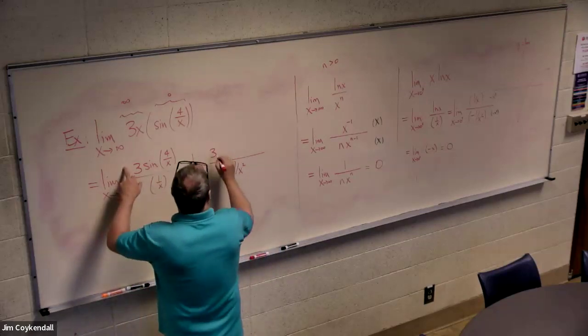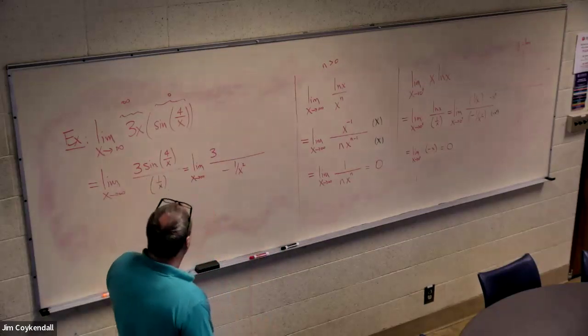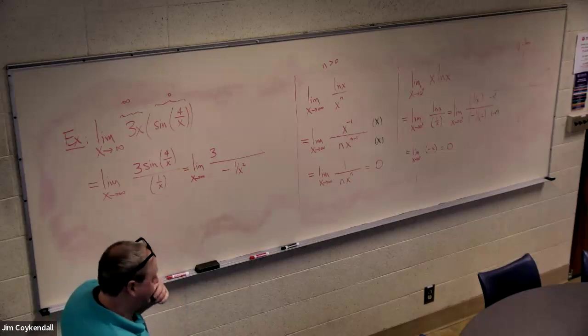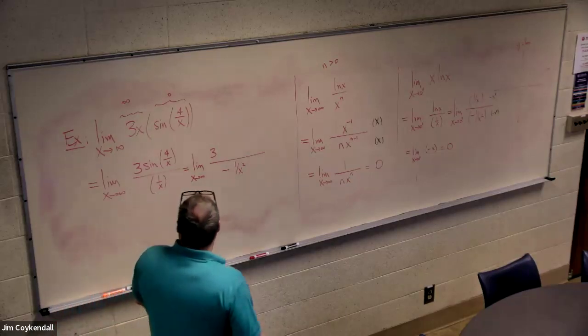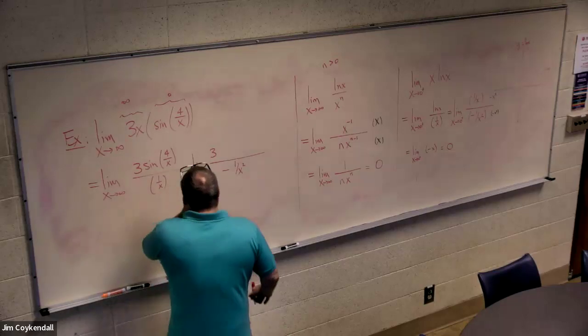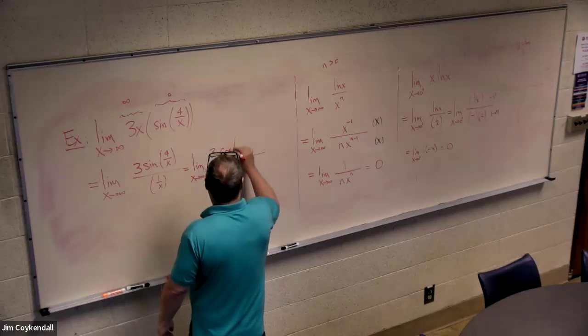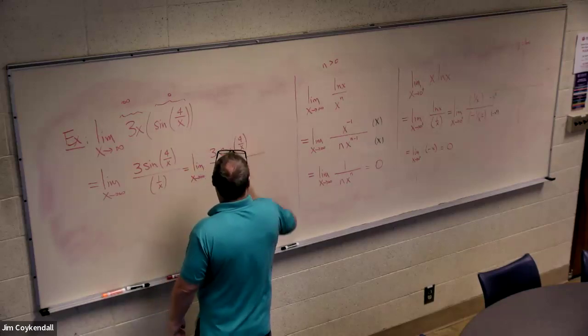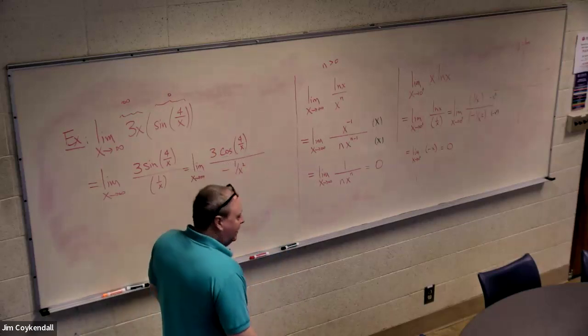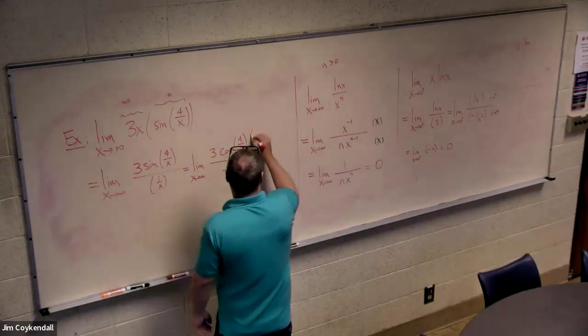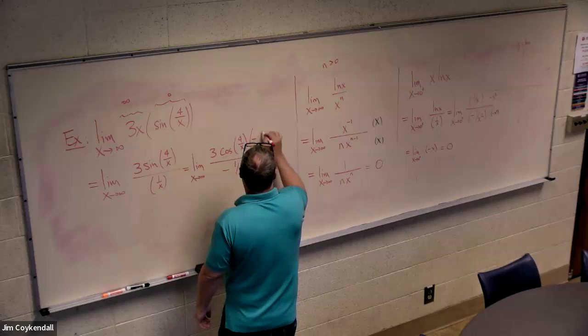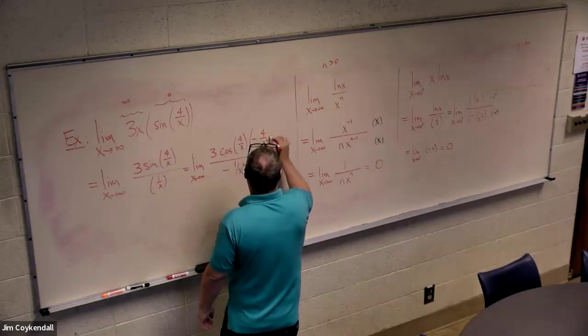Got 3. Derivative of sine of blob is cosine of blob. And now I've got to take the derivative of what's inside, which is minus 4 over x squared.